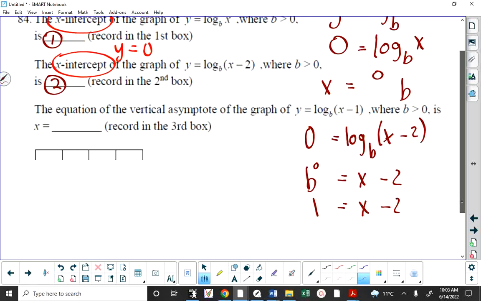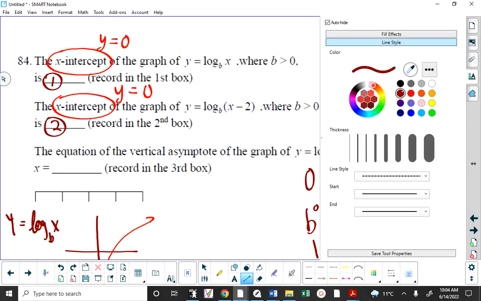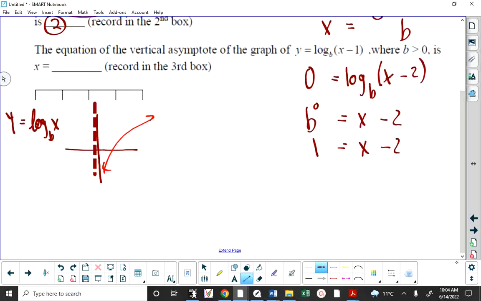With the third one, there's no algebraic way to do it. You need to start off knowing that y equals log base b of x is a logarithmic function with a vertical asymptote on the y-axis.